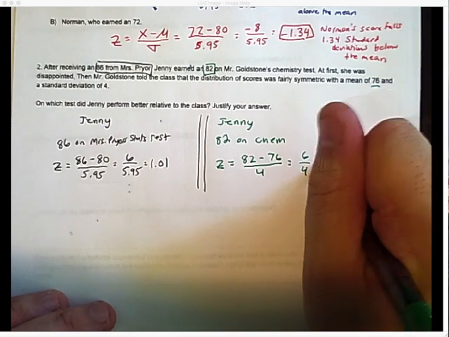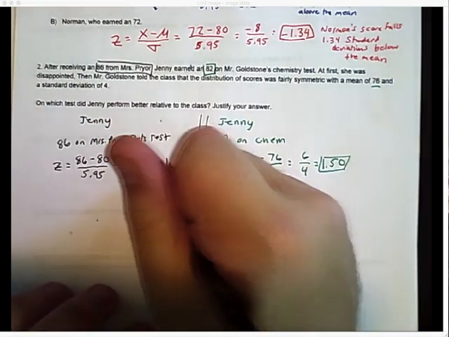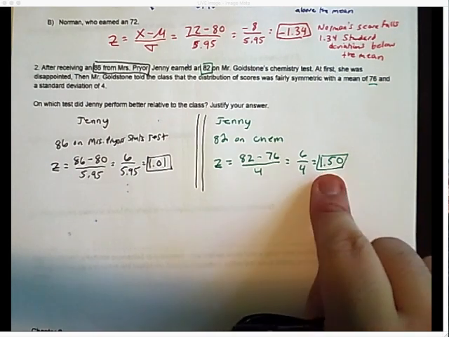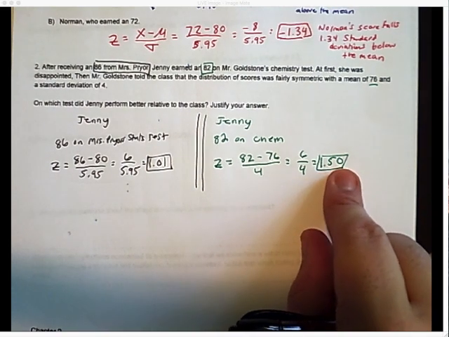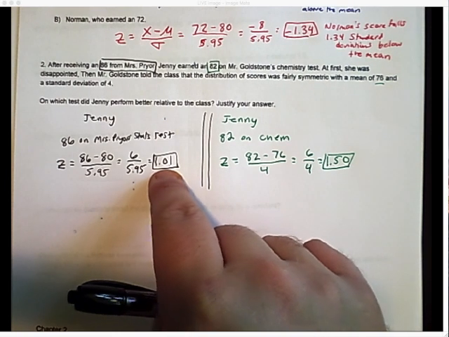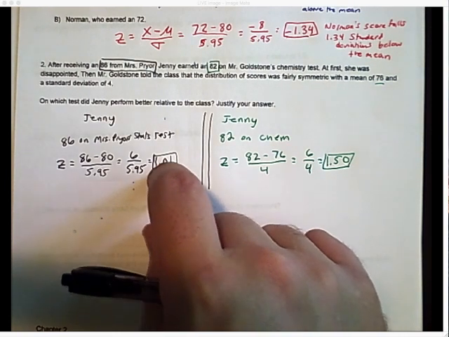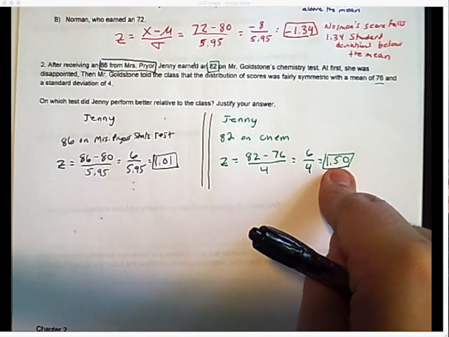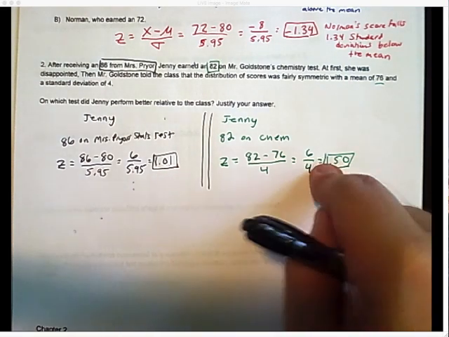So relative to her peers, she actually did better on chemistry, because on chemistry, she's 1.5 standard deviations above the mean. On statistics, she's only slightly over 1 standard deviation above the mean. So she actually did better relative to her peers in chemistry. So that would be your justification.